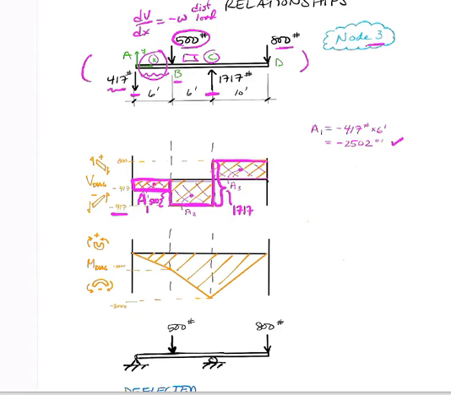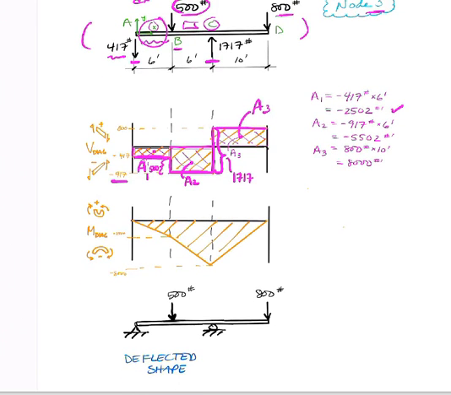I'm also going to need A2 right there, and A2 is going to have a much bigger value, bigger in the negative sense. It's going to be minus 917 times 6 feet. And lastly, I'm going to have A3, which would have an area which is positive 8,000.